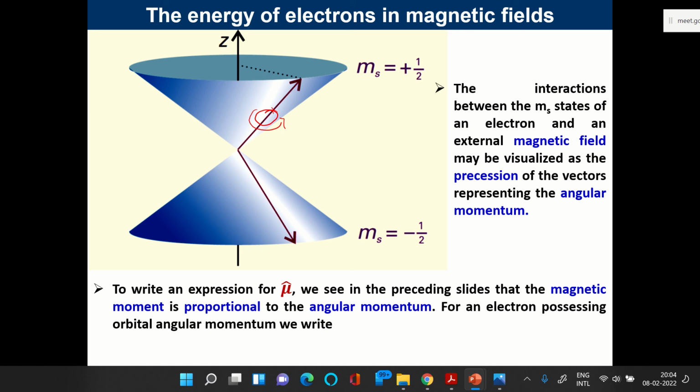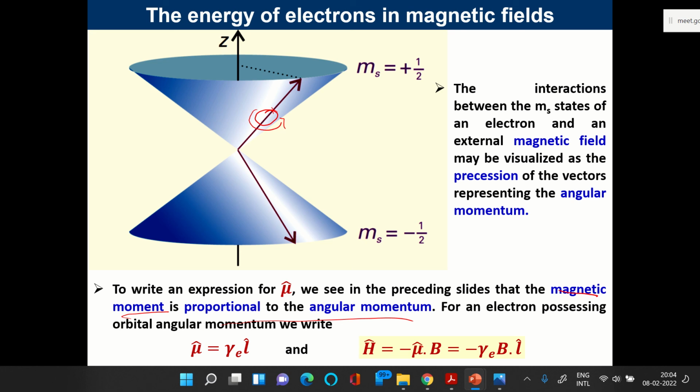Where was I? So magnetic moment is proportional to angular momentum. So we can always write it like this. This is what we had discussed last class. So from here it is clear to you. So the Hamiltonian we write is the magnetic moment into the magnetic field.